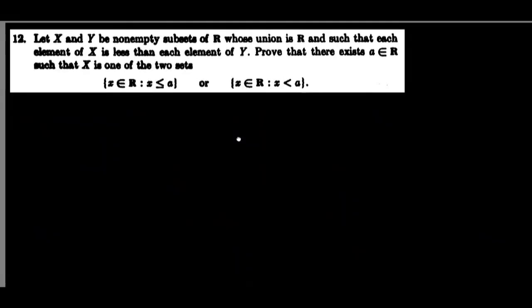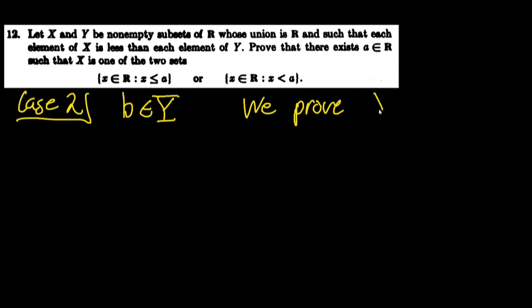So, for case 2, first of all, we have that the least upper bound b is in Y. So we prove that in this case, X is equal to the set of all x in R such that x is strictly less than b.